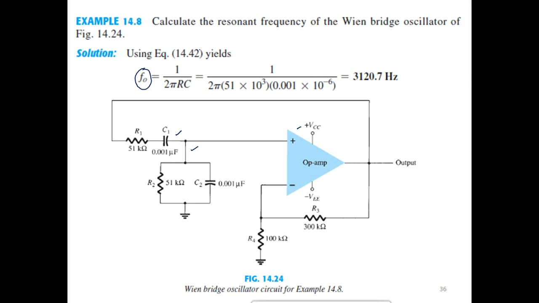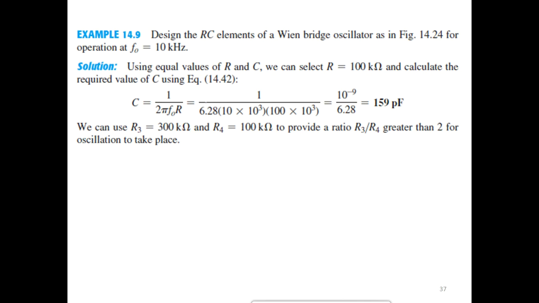Similarly, if you get a problem of this kind, either R and C values will be given and you will be asked to find out the oscillatory frequency, or sometimes we may give you the frequency of oscillation and either the R or C value, and ask you to find out the other component value. Again they are simple substitution based problems.